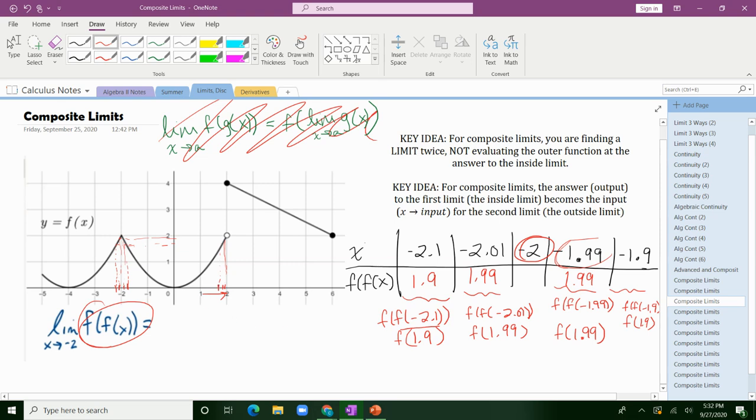And f of 1.9, here we are again. I'm on the left side of 2, just like I was approaching 2 from the underside here. I already did that to be like 1.9. So you can see coming from the left and coming from the right, we are approaching 2 no matter what. Okay, so that's our first example here. Let's try another example.